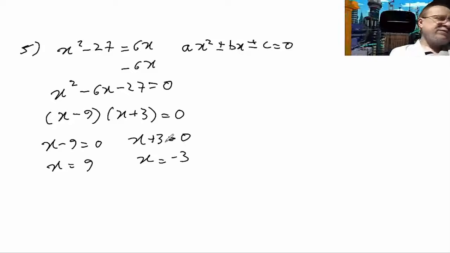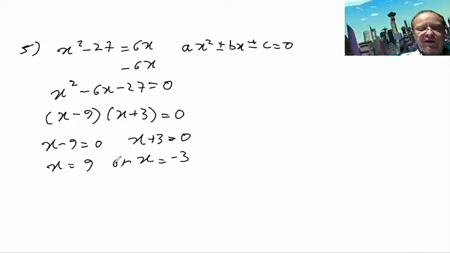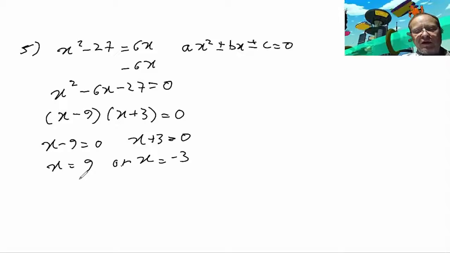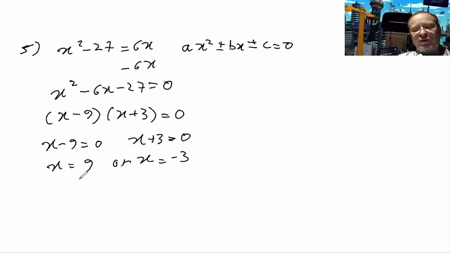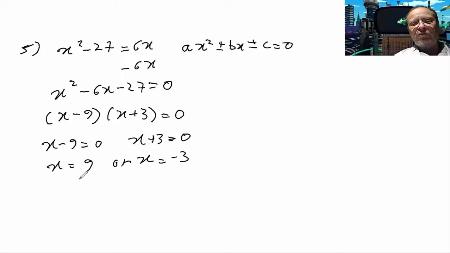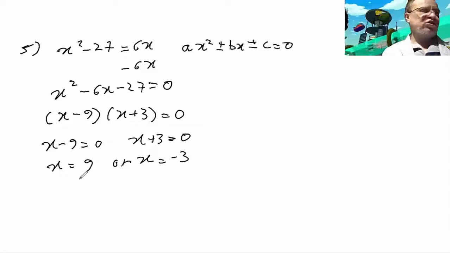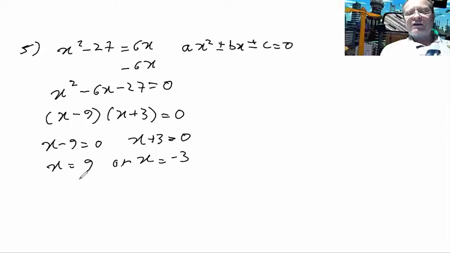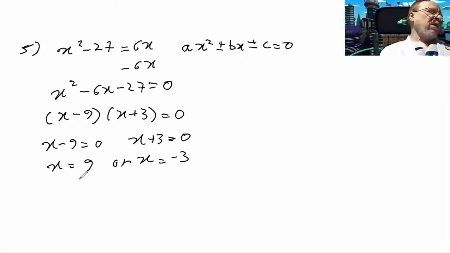And our answer would be x would be 9, or x should be negative 3. And of course, we can plug it back into the equation and check to see if that is correct.